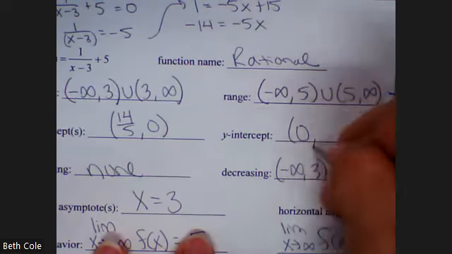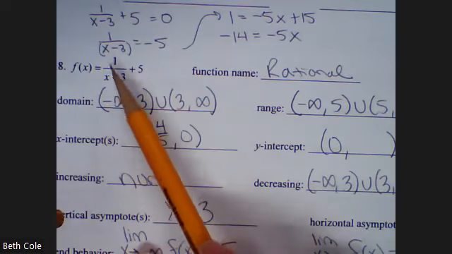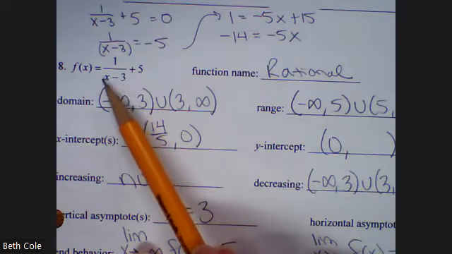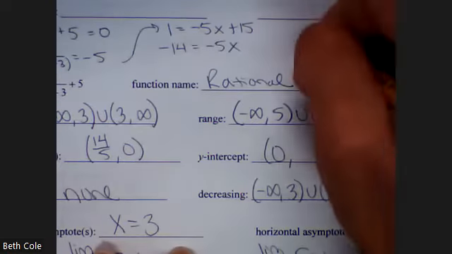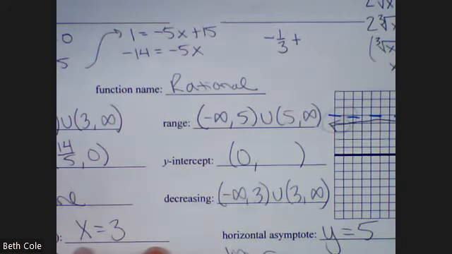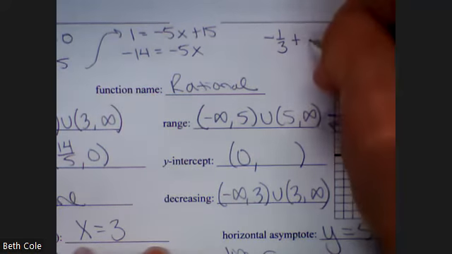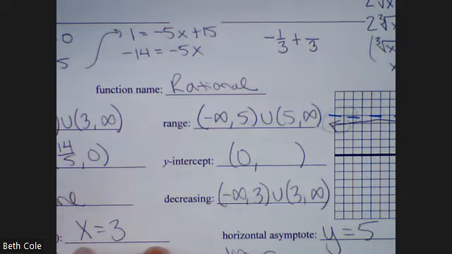All right, Y-intercept will be 0 something. We're just going to plug in 0. If you put 0 right here, 0 minus 3. So that would be negative 1/3 plus 5. So negative 1/3 plus, now don't write 5. You need for there to be a common denominator. Here's the $1 million question.